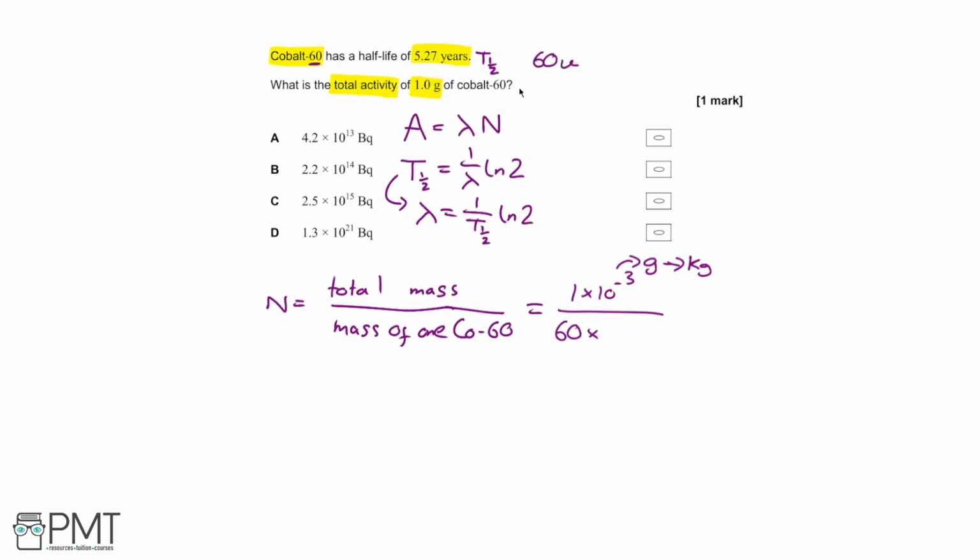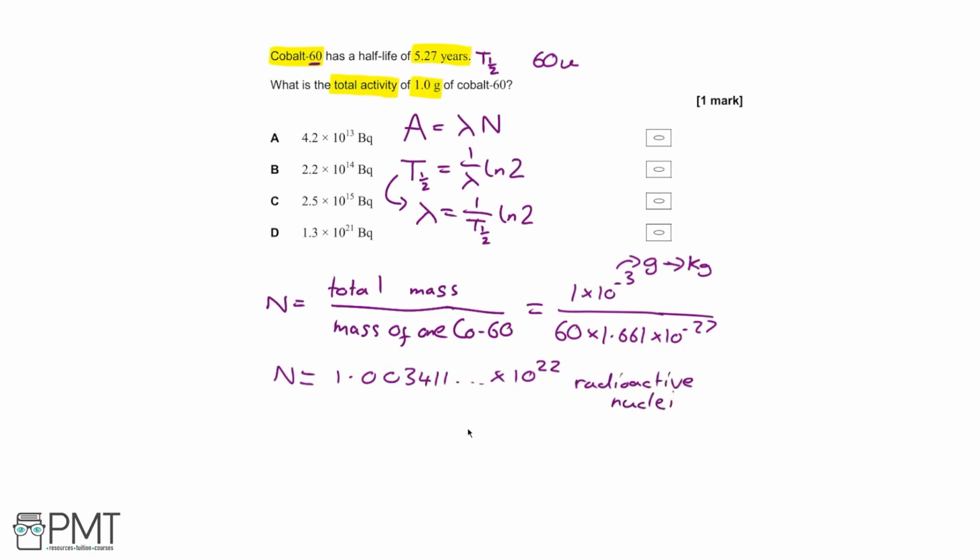That's what cobalt-60 describes in terms of its mass. So it's 60 times the atomic mass unit, 1.661 times 10 to the minus 27. Therefore, we get that we have 1.003411 times 10 to the 22 particles, or radioactive nuclei. So we have n.